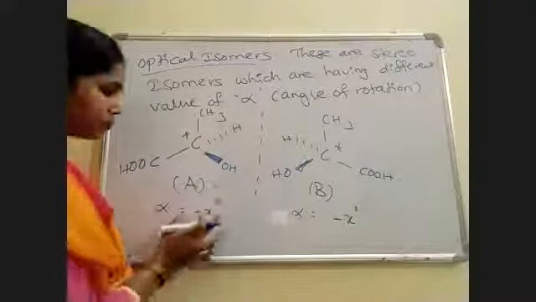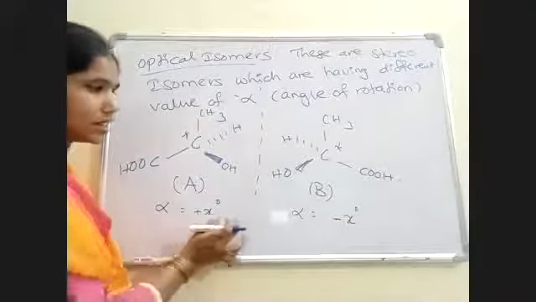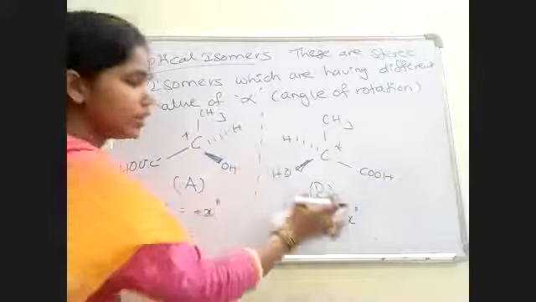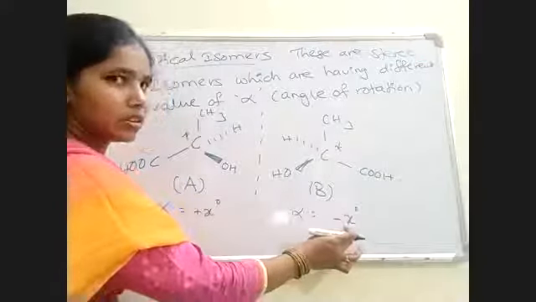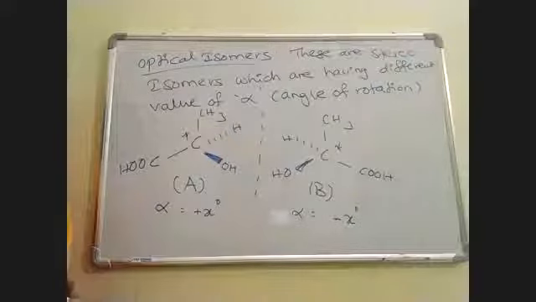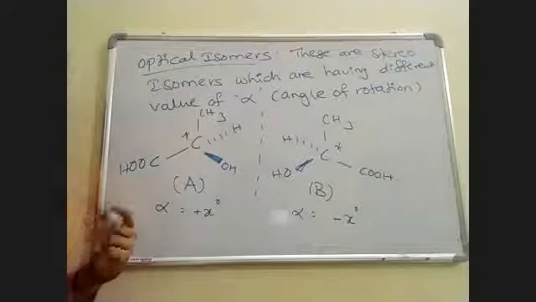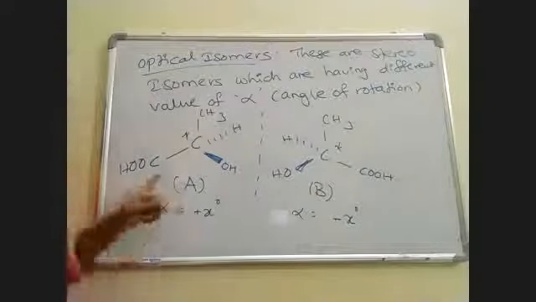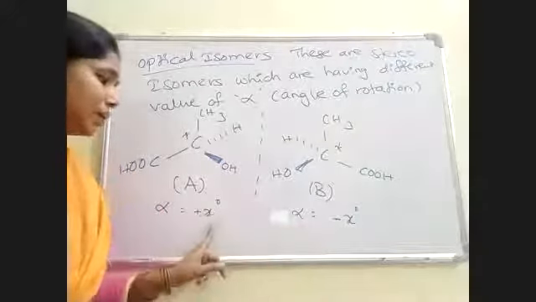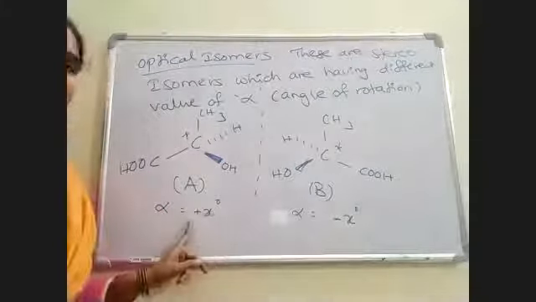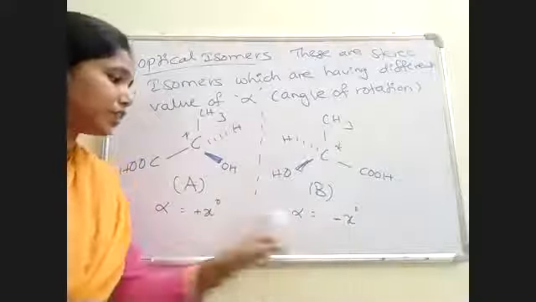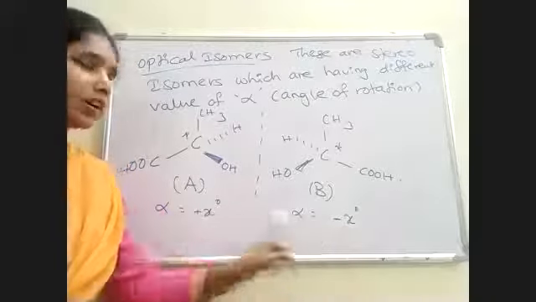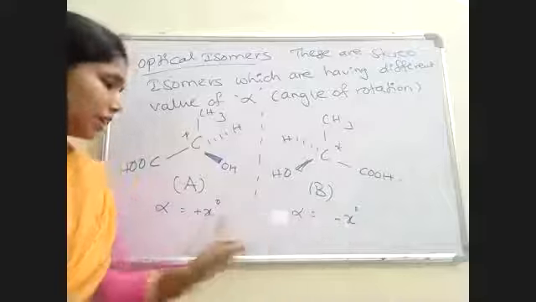So when alpha is plus x degrees for A, it is minus x for B. These two are called enantiomers. Enantiomers can be defined as non-superimposable mirror images, and they rotate the plane polarized light with equal angle but in opposite direction.